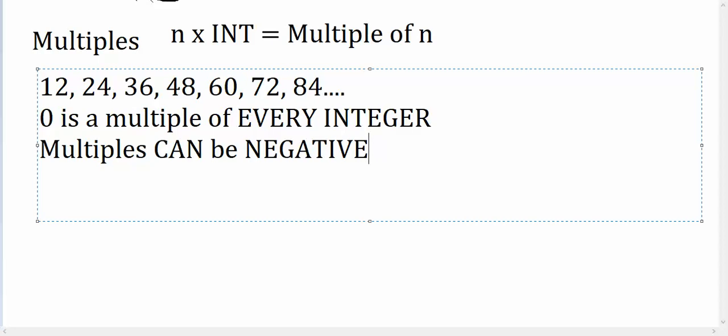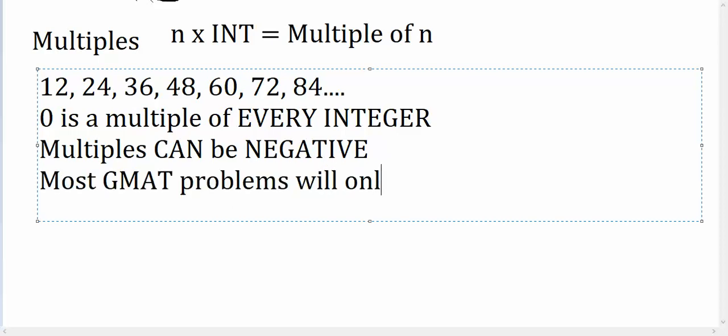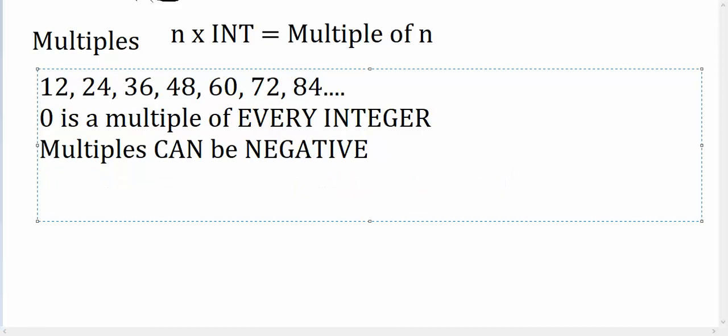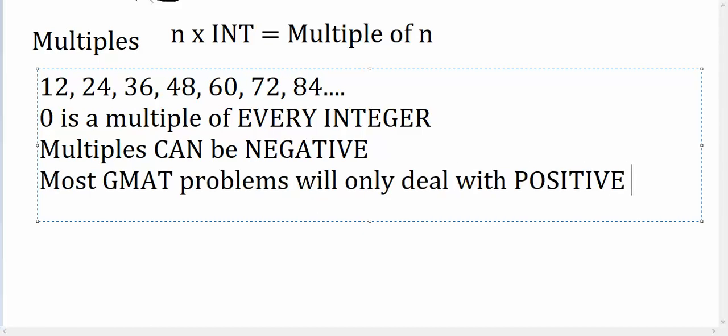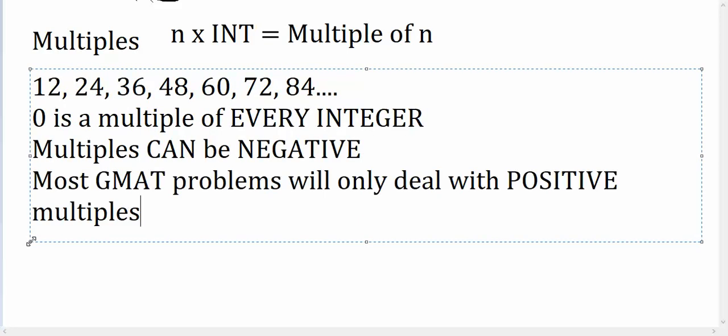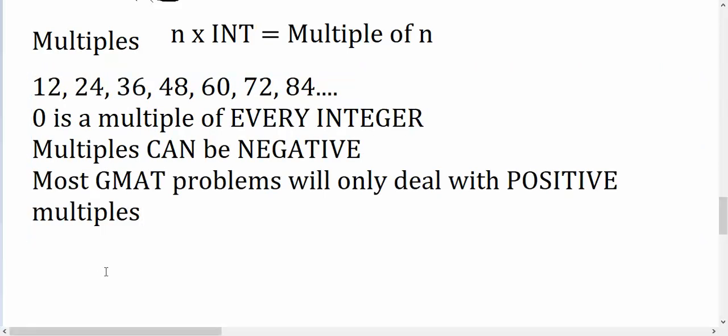However, for most GMAT problems we will only deal with positive multiples. It's usually clearly stated somewhere in the problem if they're looking for positive multiples. So positive multiples. Okay, so that's important right there.